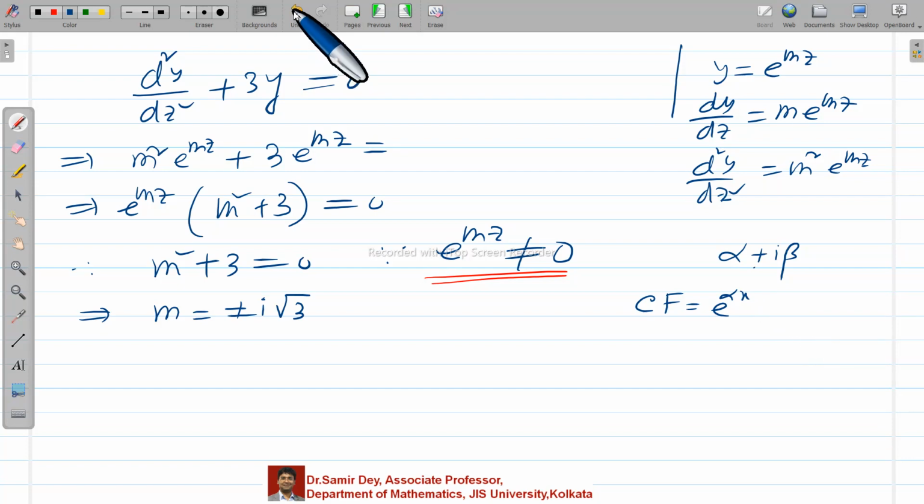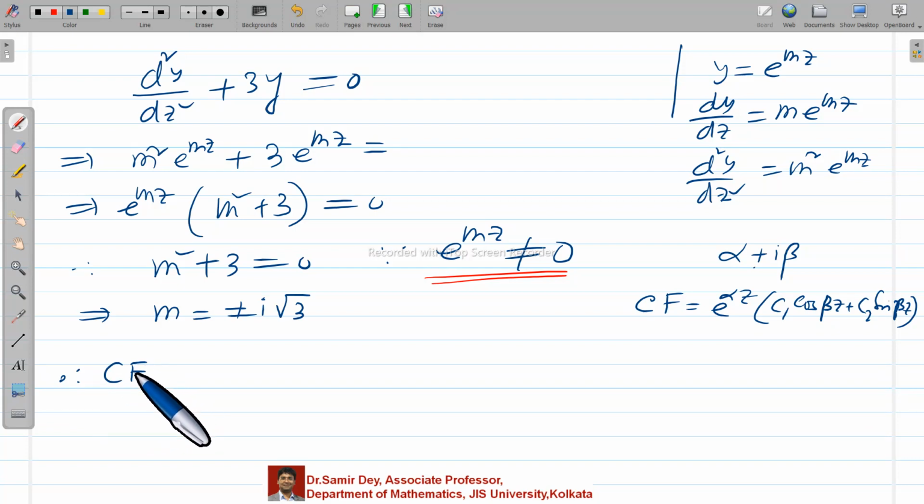No, in this special problem only, it is z. Correct. Here all functions are in terms of z, so please don't write in terms of x. So e to the power alpha z, c1 cos beta z plus c2 sine beta z. Very good. Now tell me, what is your alpha? Alpha is 0. What is beta? Beta is root 3.